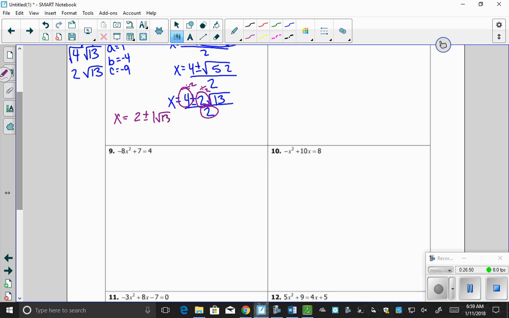Square root of 13, you leave square root of 13 alone. And 2 divided by 2 is 1. So you can write your final answer as x equals 2 plus or minus square root of 13. That is your final answer for number 7.